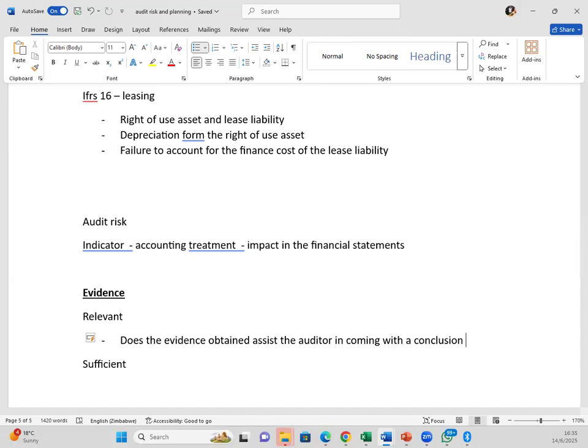Then the evidence must be sufficient, sufficient enough to corroborate the opinion. It must be enough to assist the auditor in coming up with an opinion. Sometimes we might get the evidence, but it might not be enough.